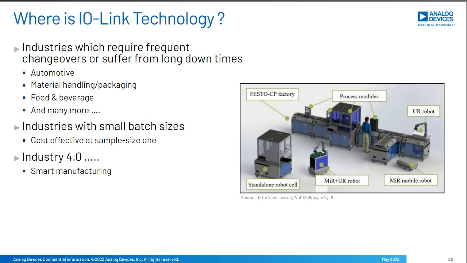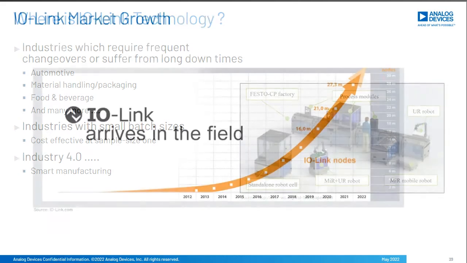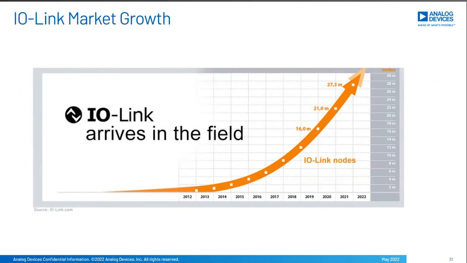Basically you see it in standalone robot cells or smart manufacturing lines. The IO-Link standard is an open standard, and it was established in 2009. ADI has been in the consortium since it was established. And you see that in the last 2 or 3 years, it's ramping significantly, even despite the COVID pandemic.